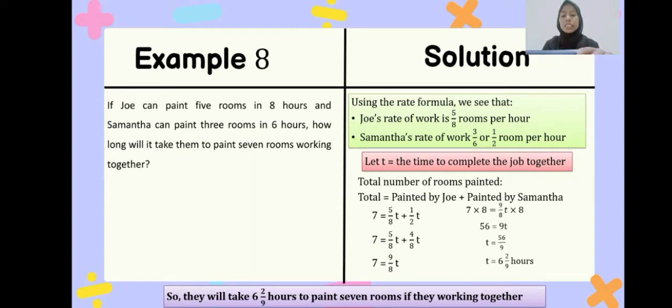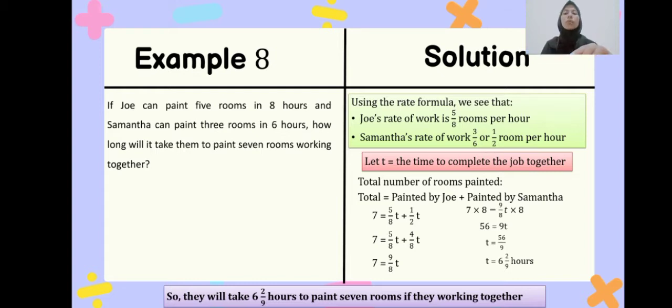Let t equal the time to complete the job together. So the total number of rooms painted equals the paint by Drew plus the paint by Samantha. The total is 7, and the paint by Drew is 5/8 t plus 1/2 t. So 7 equals 5/8 t plus 4/8 t.